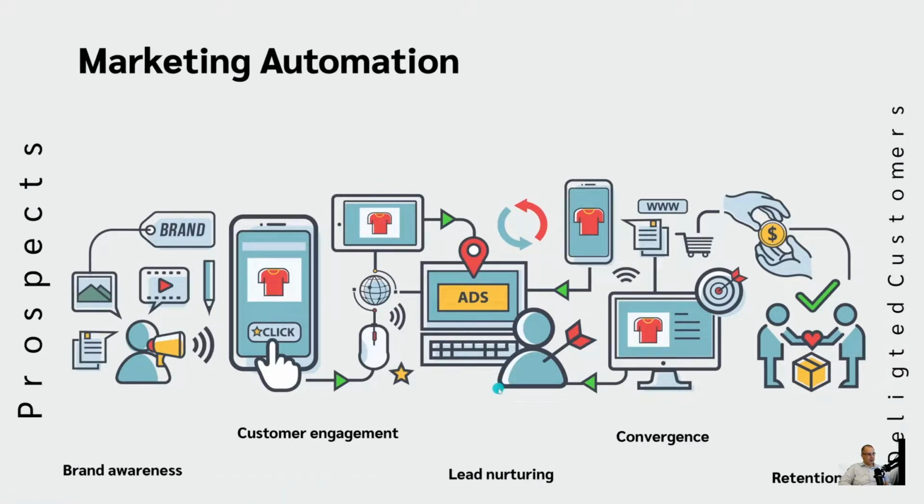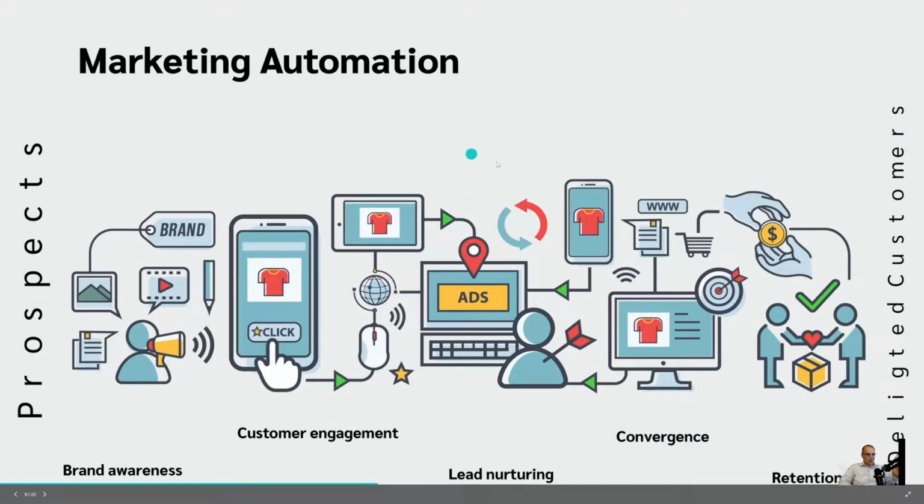Here we assign something to the lead called a lead score, and based on your activity, we can increase or decrease the lead score. Once the lead score reaches a certain threshold, the marketing machine can automatically give you an offer, like a 10% discount. If you don't take it, we can drop you back in the lead score. Later on, we can give you a higher discount. So we keep nurturing you until we sell you.